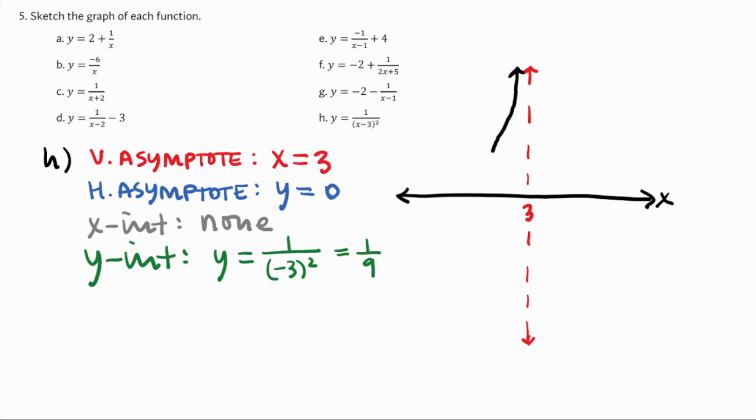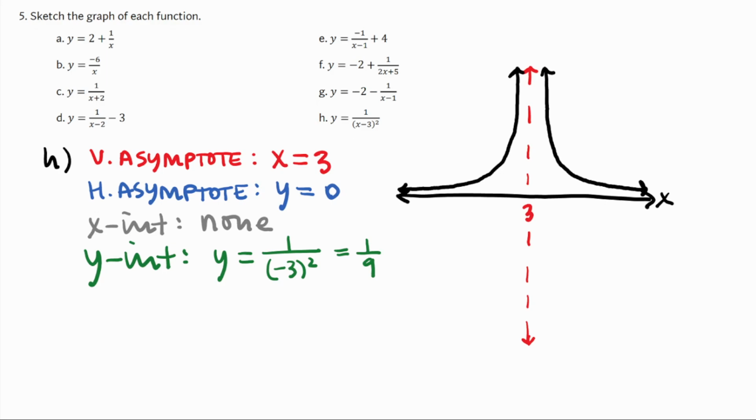It looks a lot like 1 over x, but it's got a little bit more drama to it. On both sides, it goes up towards the vertical asymptote, as opposed to being like -1 over x squared. So it approaches 0 pretty aggressively because the denominator is squared, and we know that squared grows pretty quick.